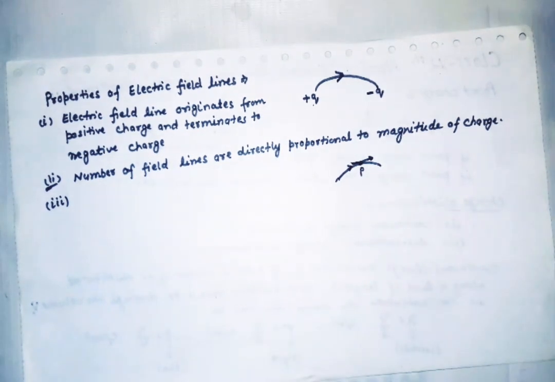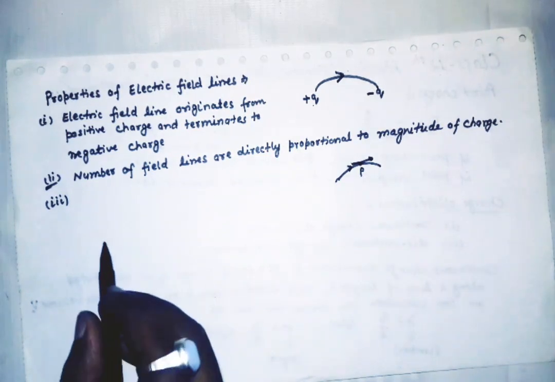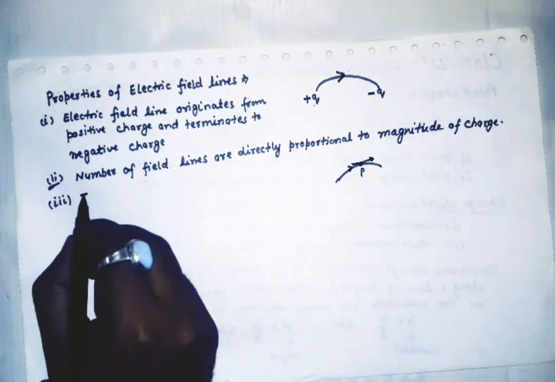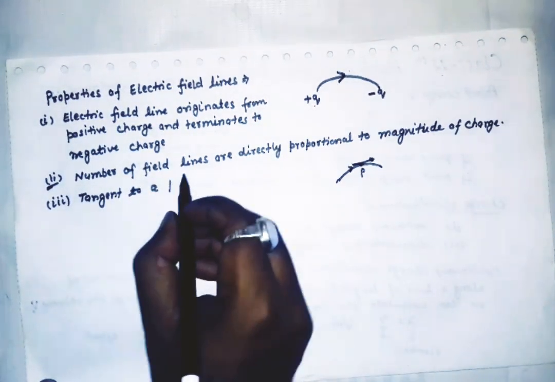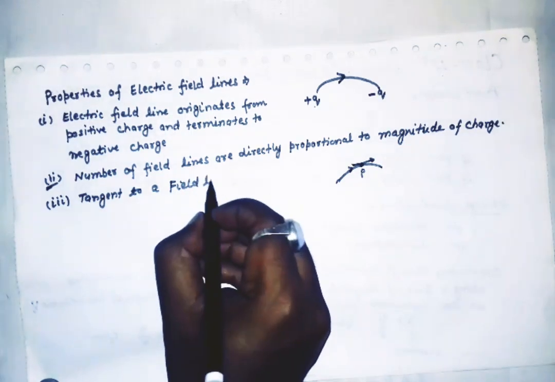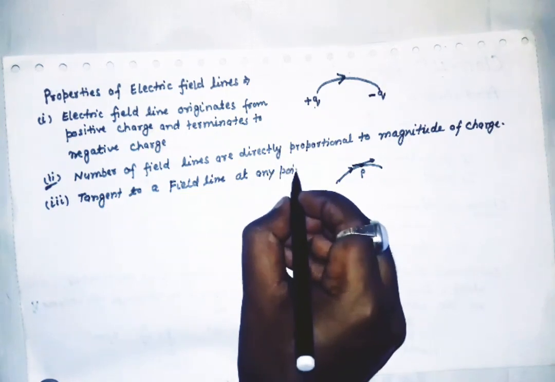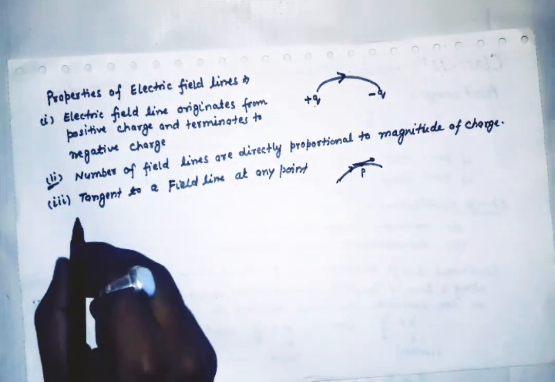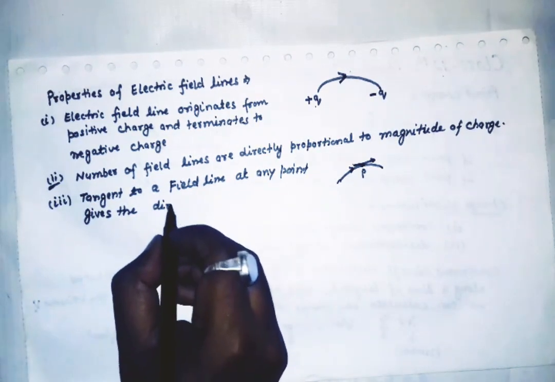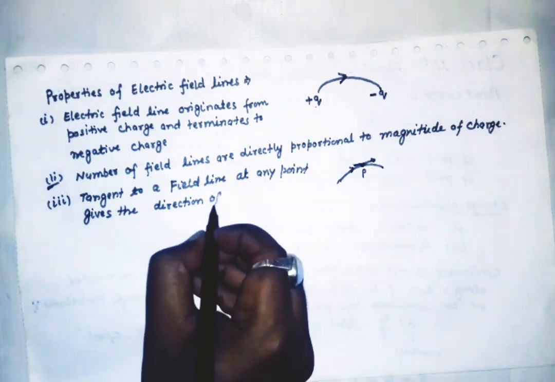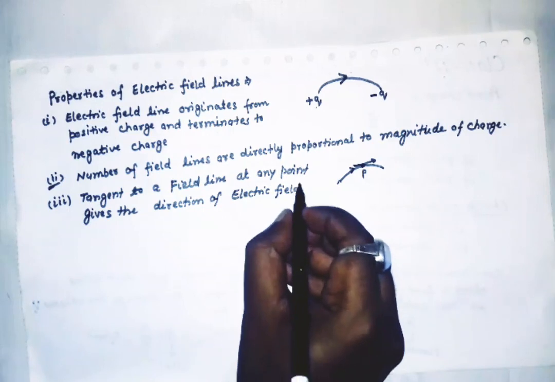So direction of tangent gives the direction of electric field. Tangent to a field line at any point gives the direction of electric field at that point.